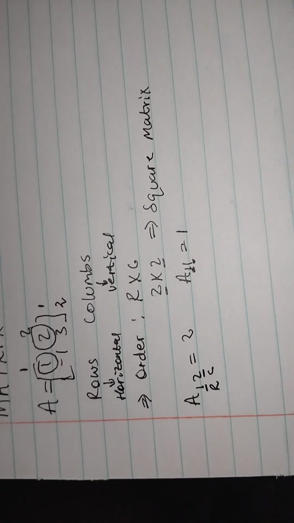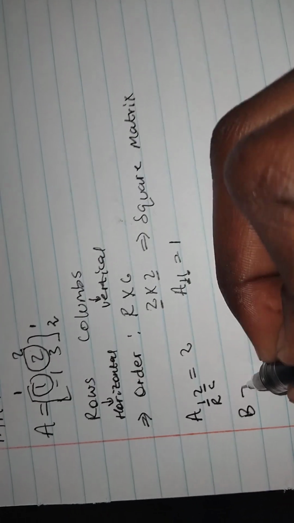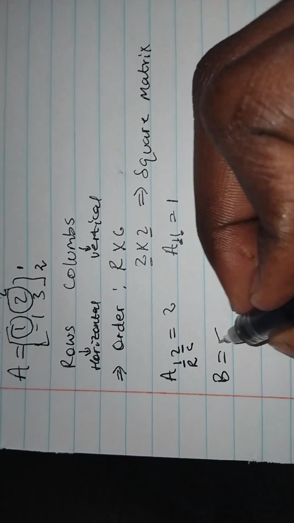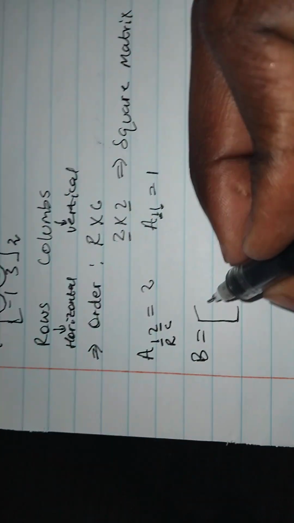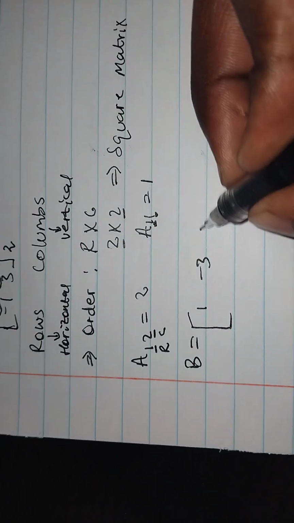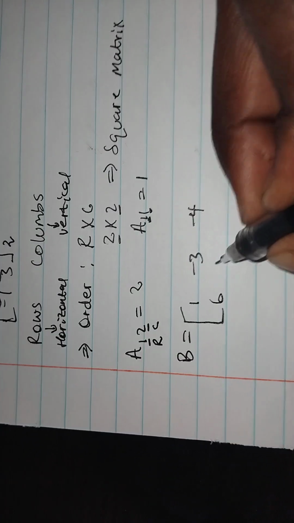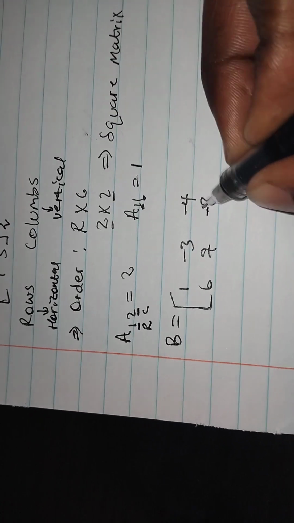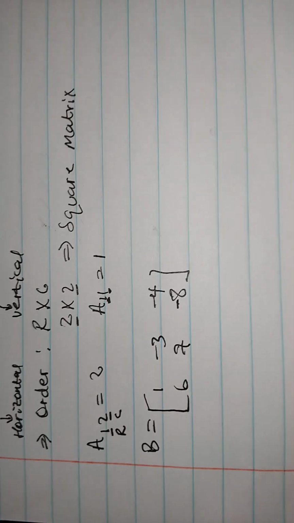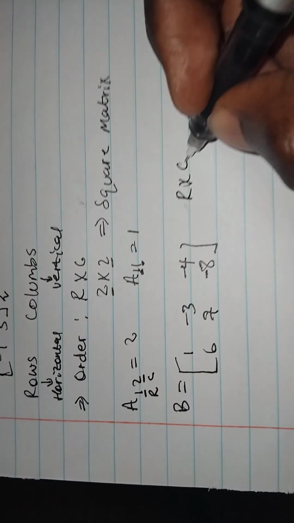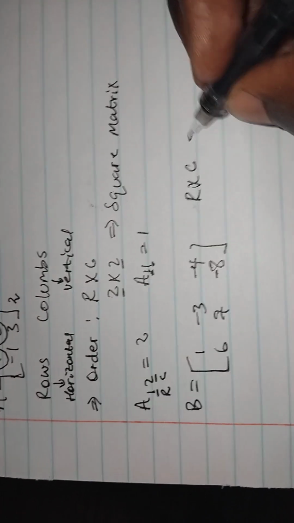Let's see if you get what is going on. Let's suppose we have another matrix B with entries 1, -3, -4, 6, 7, -8. The first thing you will want to identify is the order. Remember that the order is given by rows times columns. So what is the order of matrix B?